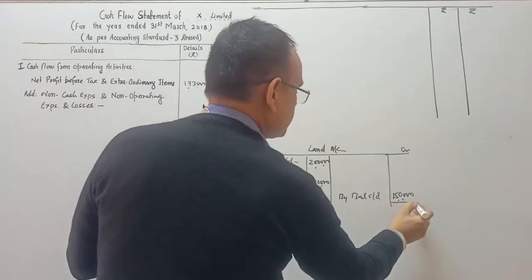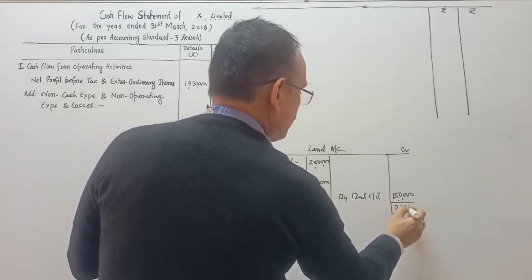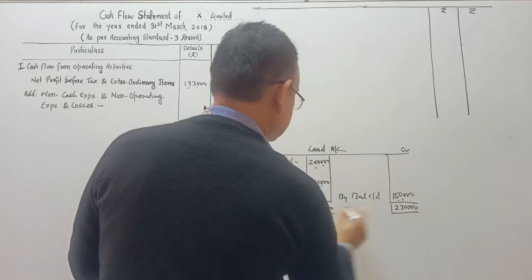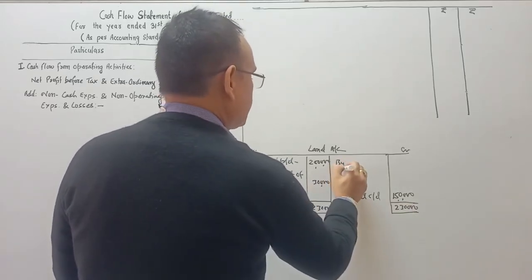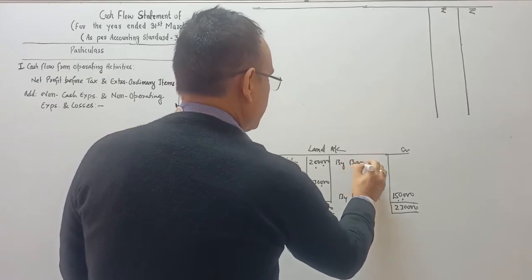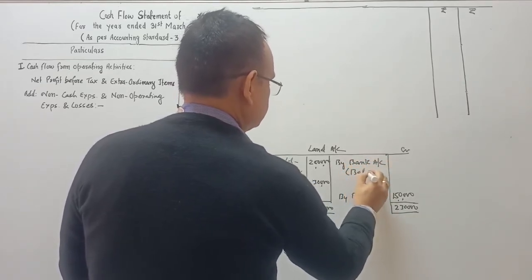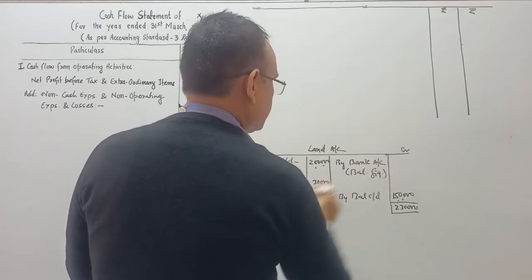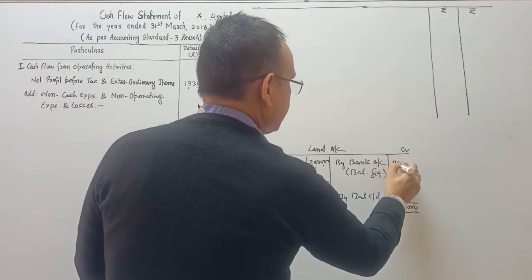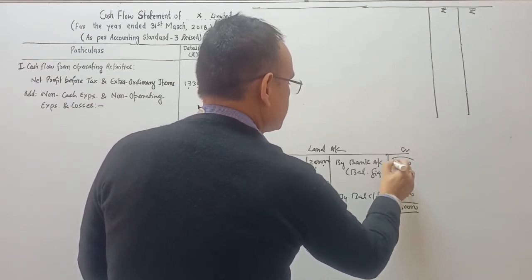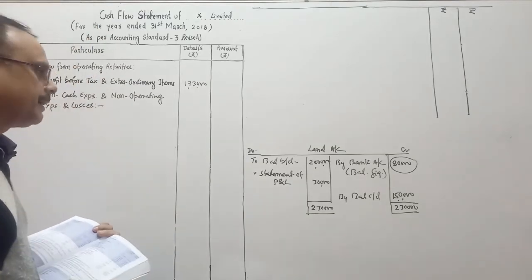Through the difference figure, we will find out the sale of land, by bank account, the balancing figure. So land is sold for rupees 80,000. This is the balancing figure.